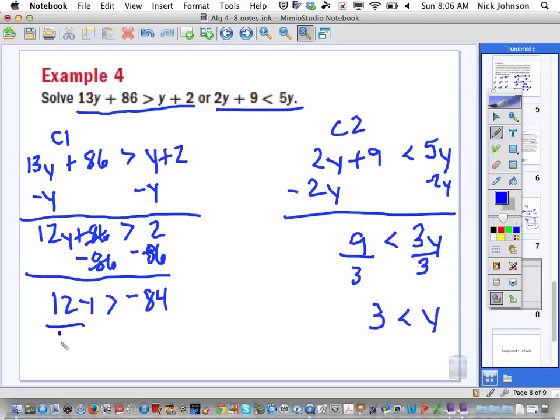And divide by 12. And I didn't divide by a negative number, so it stays y is greater than. And we all should know that that is negative 7.